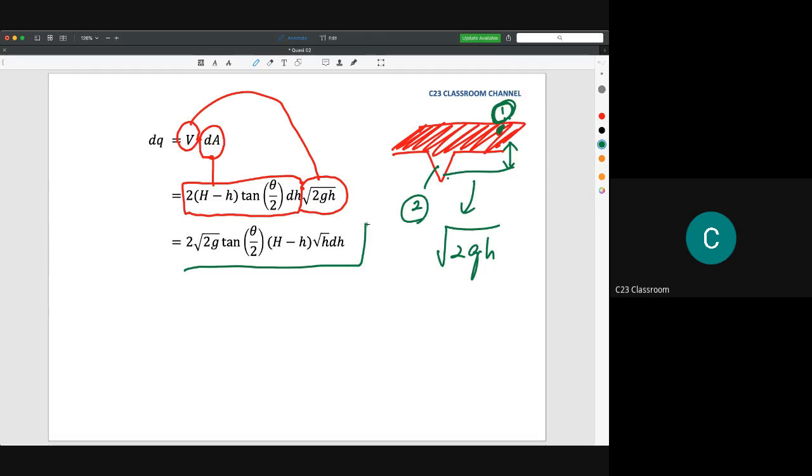Please make sure that you understand that capital H is actually not equal to small h. Because from the figure, we know that capital H is the maximum height, meaning the height of the weir, the height of the water level in the first situation at the initial stage. And the small h here is the decrement of the water level. It's totally two different definitions.